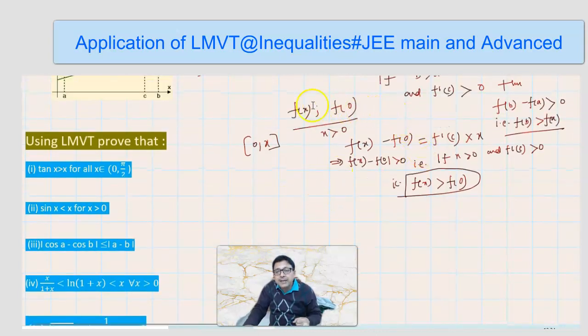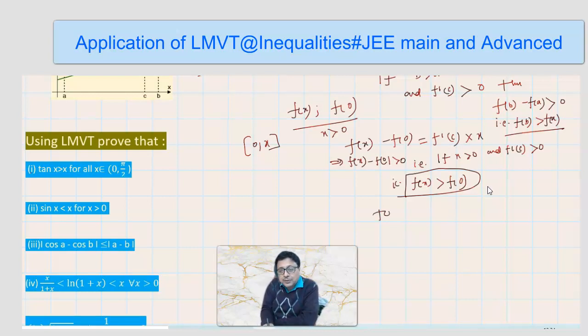If you find the similarity with the comparison of f(x) and f(0), then you can see that tan 0 has value 0. But to prove tan x greater than x, we need to take the function in such a manner that it will be tan x minus x, and that will be greater than 0. I am simplifying the idea.